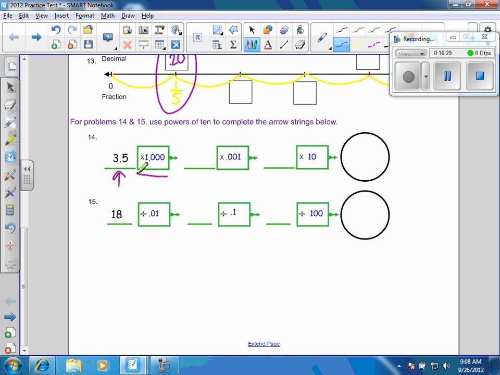Bigger by how many powers of 10? 3. So that means that decimal place moves 1, 2, 3 times. So Haley, what do I do with these little spaces? Yeah, what should I put here? Zeros. Okay, I'm going to wait till I have everybody's attention. Okay, good job, Haley.